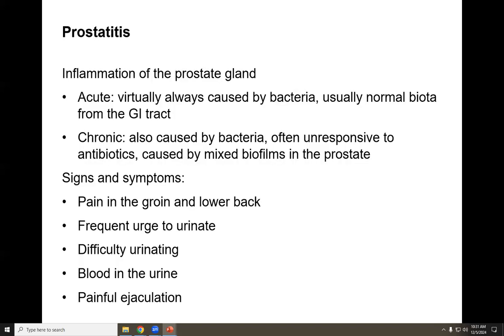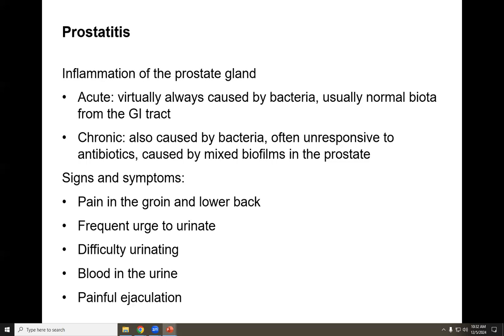Moving on to prostatitis. Of course, it's going to be for males. Males can get UTIs from bacteria getting in through the urethra that could affect the bladder, but it could also move into the prostate. That's usually what happens: contact with enteric bacteria moving through the urethra and then into the prostate. This could be from your own flora, but it's more likely with males that it's from exposure to bacteria through the urethra from a sexual partner.